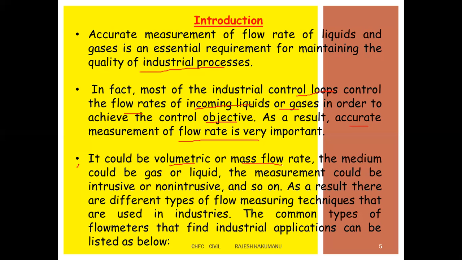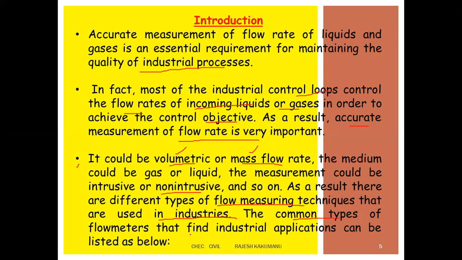As we are discussing the flow rates of a fluid or a gas, it could be measured in volumetric form or in the form of mass, right? The measurement could be intrusive or non-intrusive. As a result, there are different types of flow measurement techniques used in the industries.